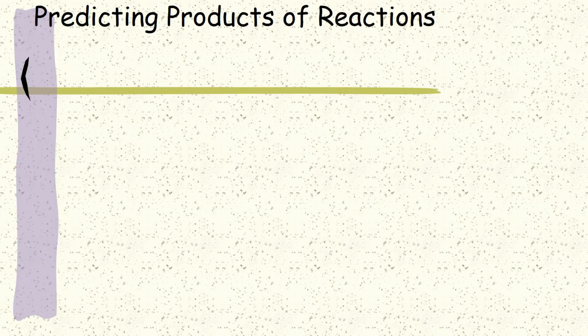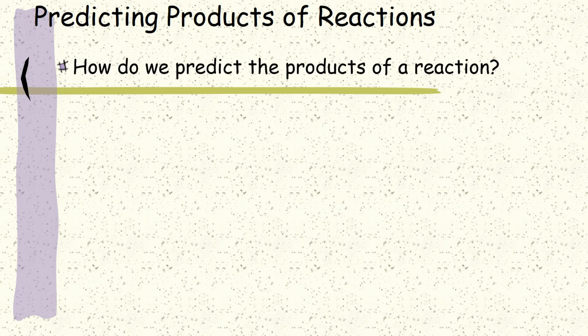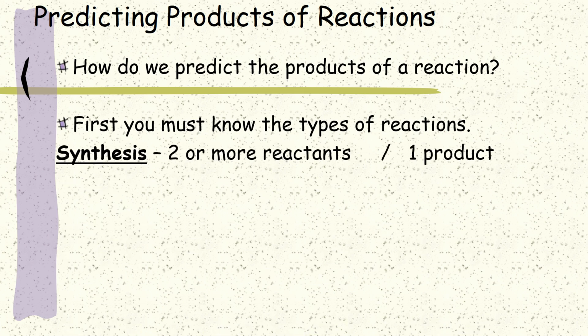Recall from yesterday that we had different types of reactions. The types we talked about yesterday: synthesis, where we had two or more reactants in one product.